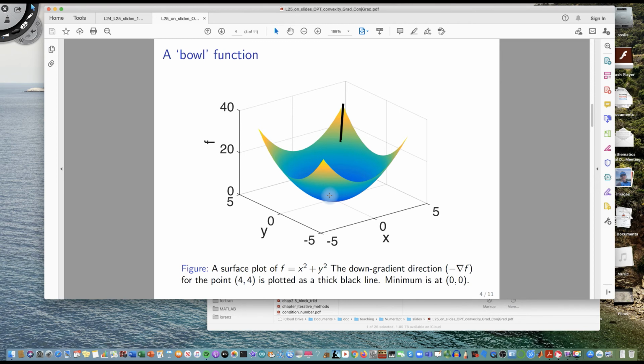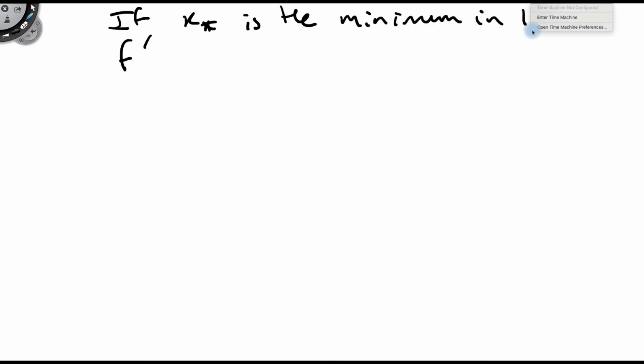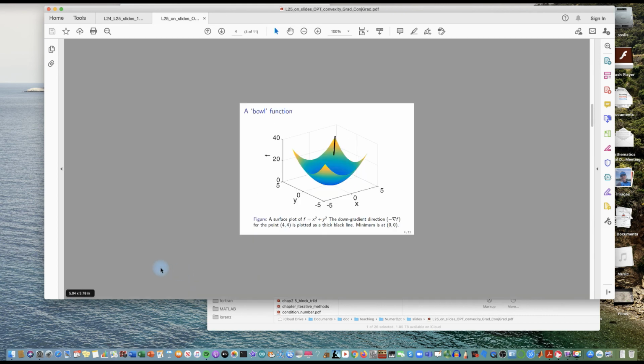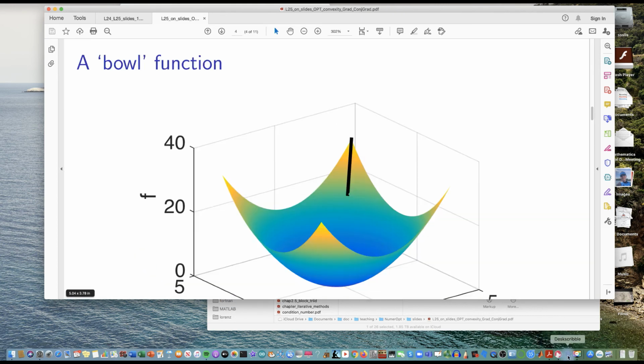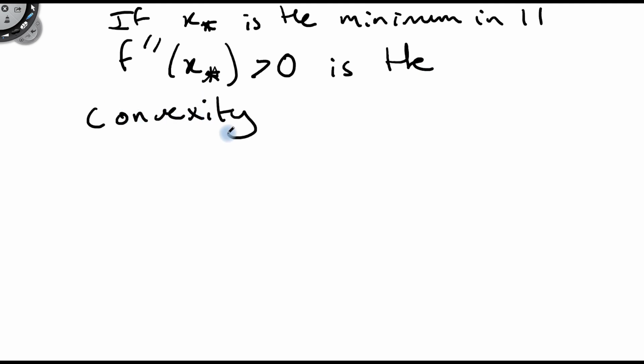So if x star is the minimum in 1D, then f double prime of x star is greater than 0. You didn't call it this at the time, but it's essentially the convexity condition.